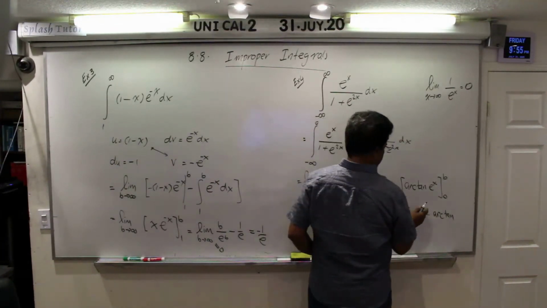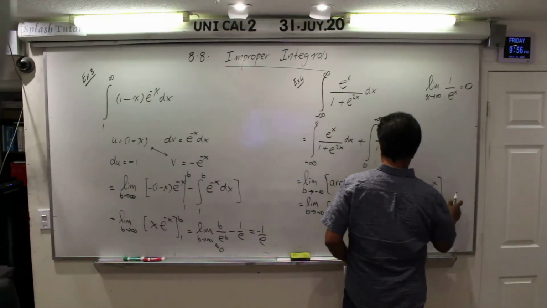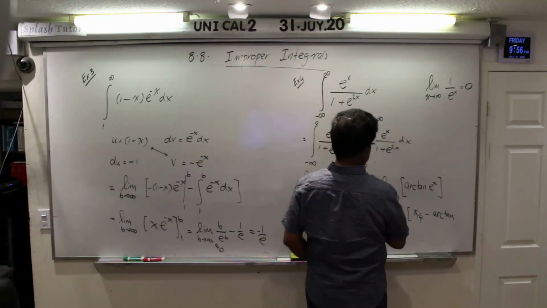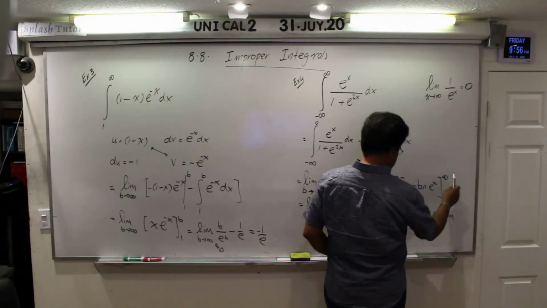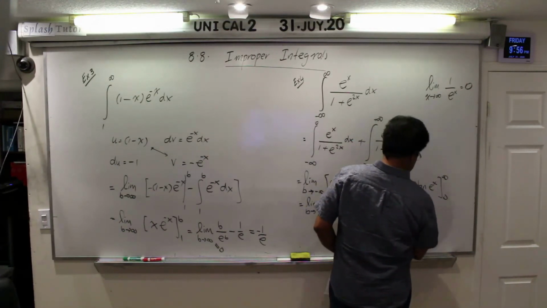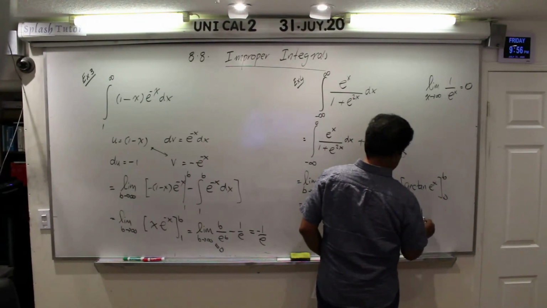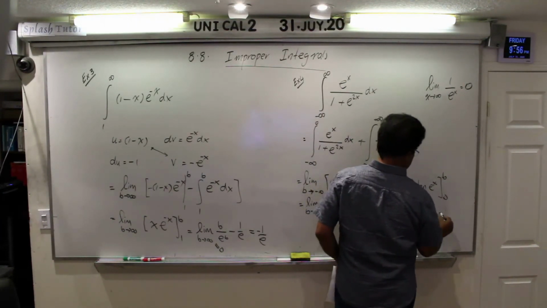This one is again pi by 4 minus arctan, sorry, other way. It's actually minus infinity to 0 and 0 to plus infinity, but that is the other way: arctan e to the power b minus pi by 4.